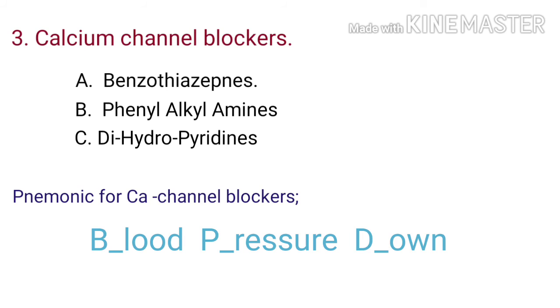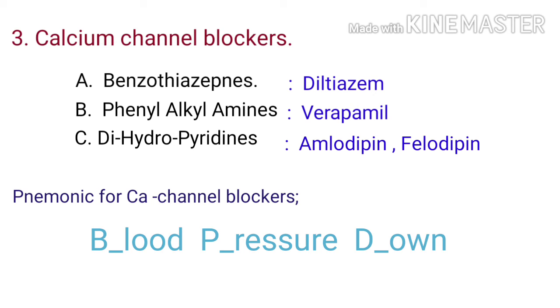Here B for blood pressure, B for benzodiazepines, P for phenylalkylamines, and D for down, that is dihydropyridines. Okay, example of drug of benzodiazepines, that is diltiazem, and for phenylalkylamines we will have verapamil. For dihydropyridines we have amlodipine, felodipine.